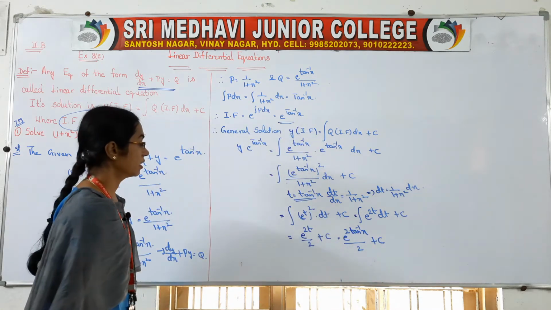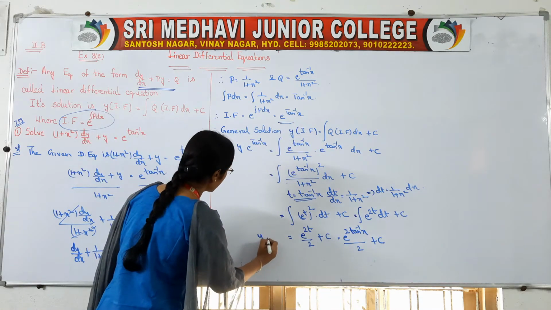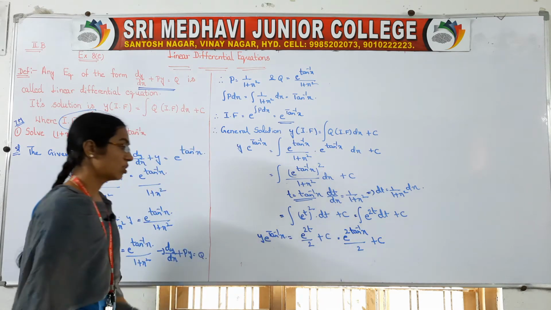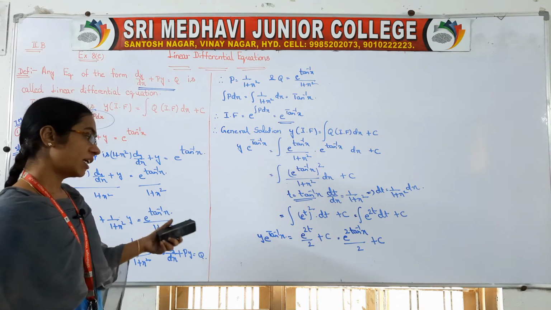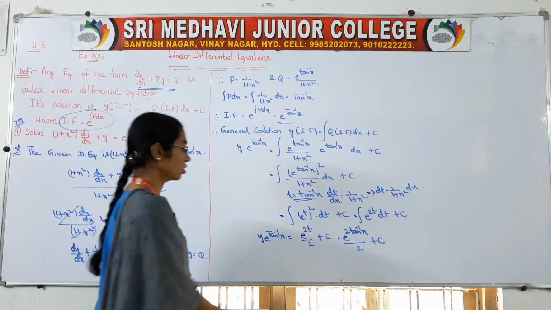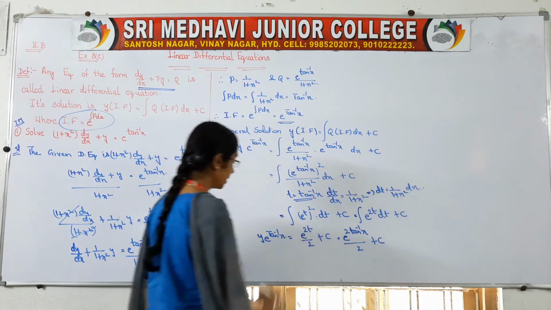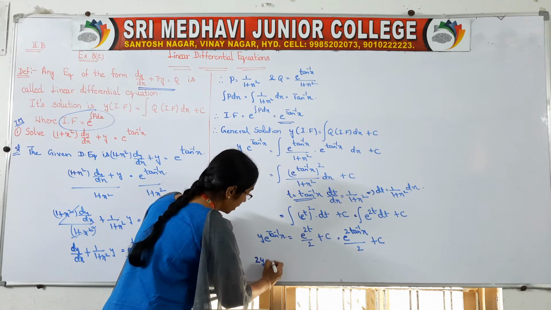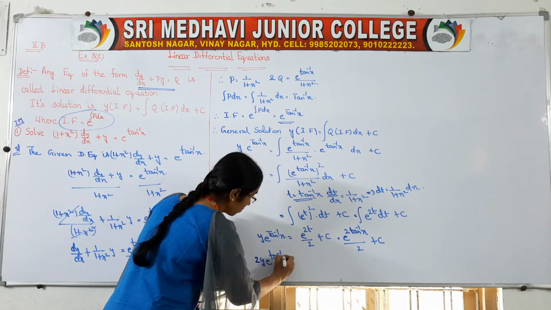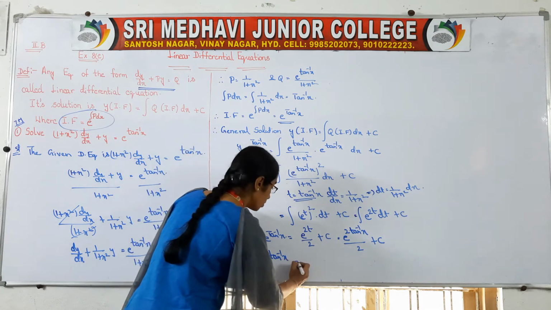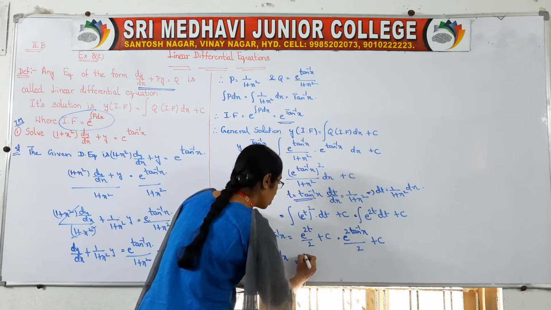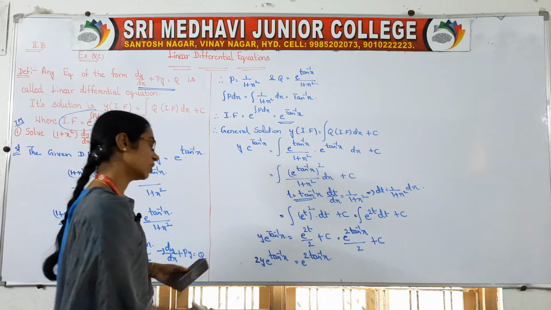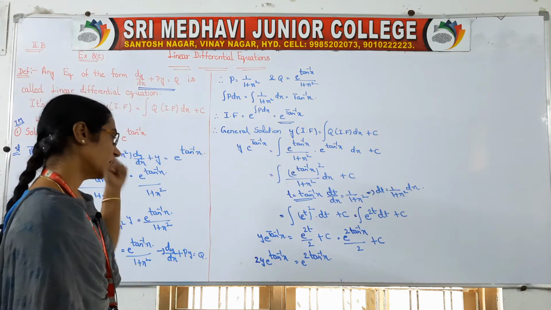And this side we are having y into e to the power of tan inverse x. So we can divide both sides. First you take 2 as LCM and send this side, right? So it is 2y e to the power of tan inverse x is equal to e to the power of 2 tan inverse x.